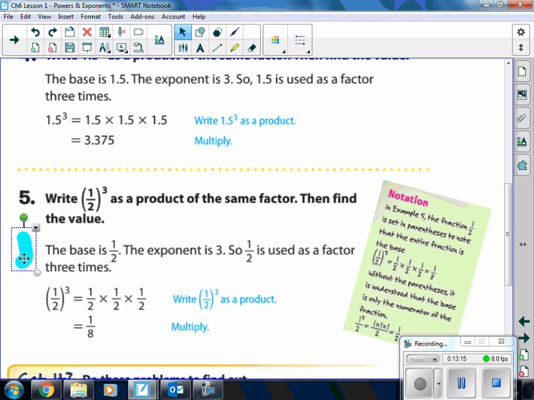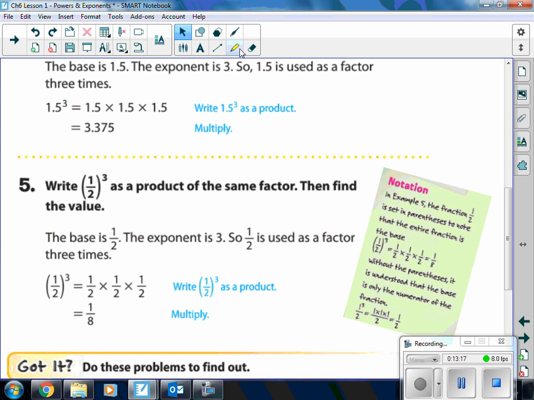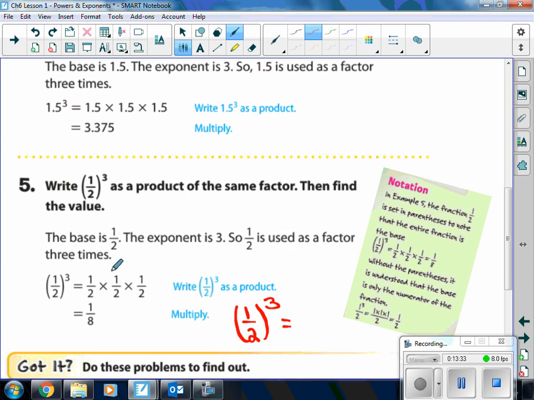Now there's another way that you can do this. I'm just going to tell you real quickly. Here, if I have 1/2 cubed, okay, you can also write 1 times 1 times 1, which is 1 cubed, right?